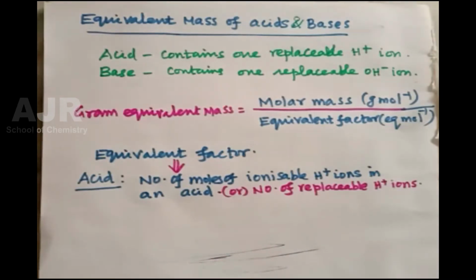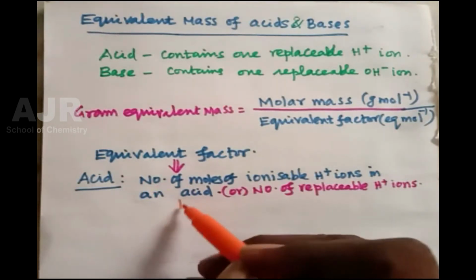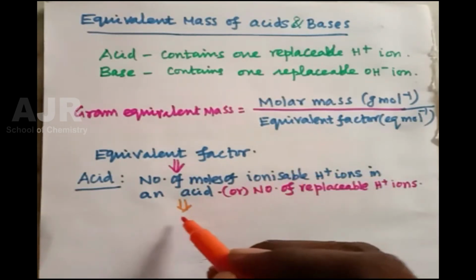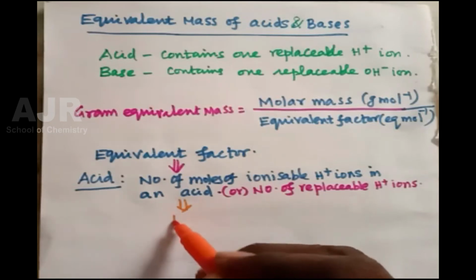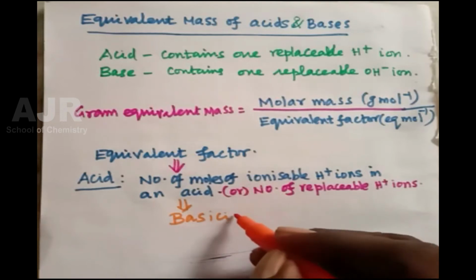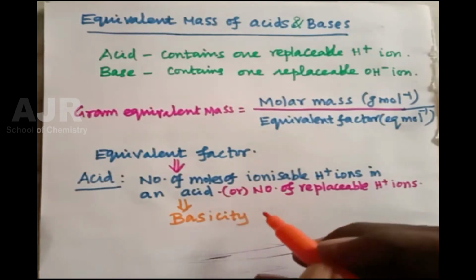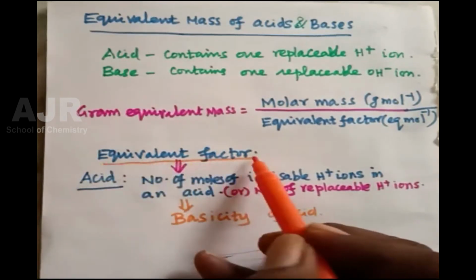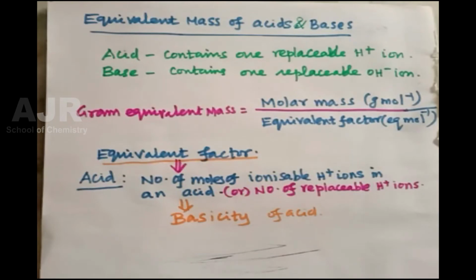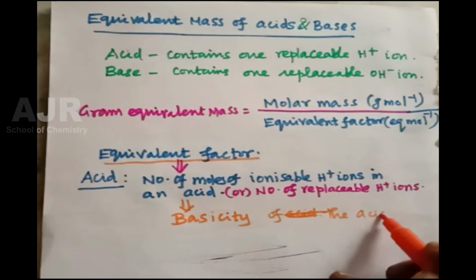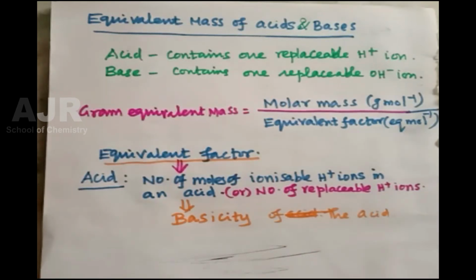And this number of replaceable H plus ions, or the number of moles of ionizable H plus ion in an acid, we call the basicity of the acid. So now the equivalent factor for acid is the basicity of the acid. Understood?